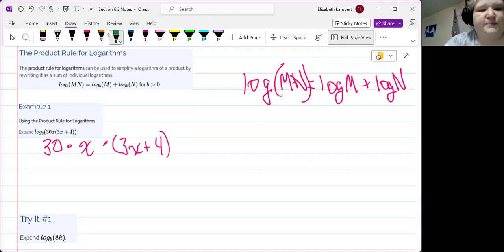All right, so my first one is log of 30. I could technically break that down more since it's a product of numbers, but usually we don't bother, because it's some number on a calculator.